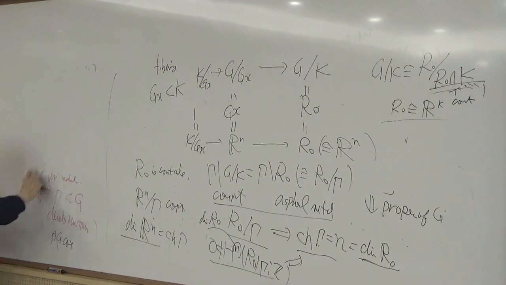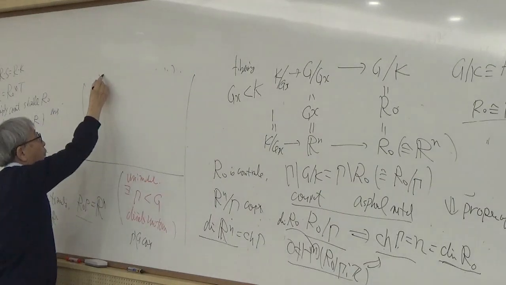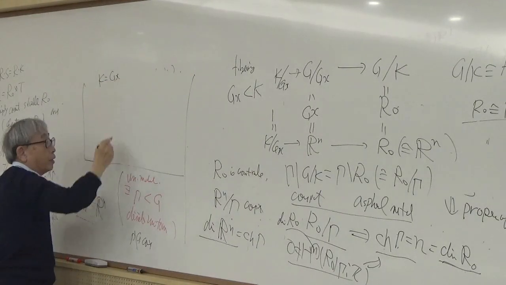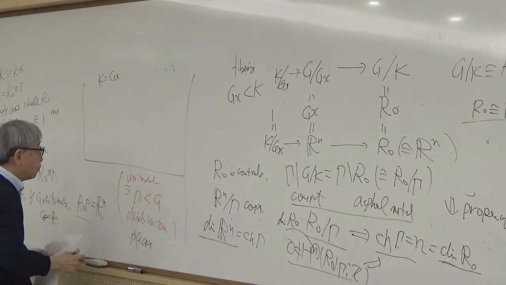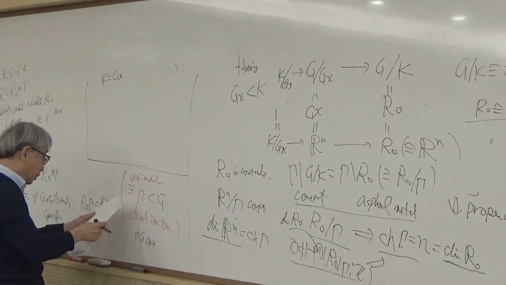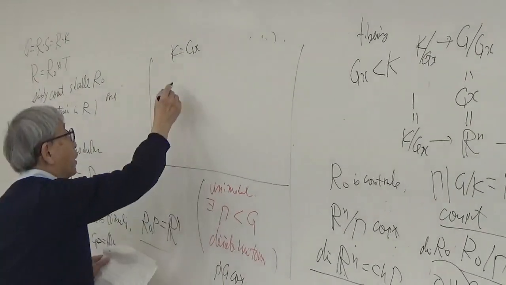So the final step is therefore that K becomes trivial. The final step is as follows.